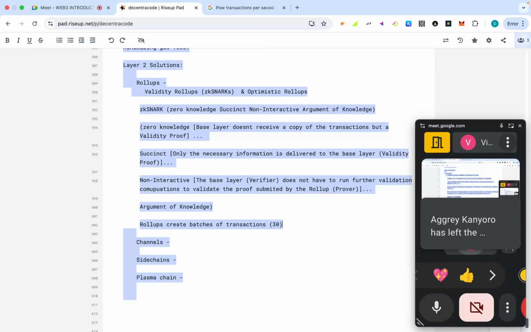So a Merkle tree is created for those 30 transactions, and then the hash of the root is delivered as the validity proof to the Ethereum mainnet. Is that clear so far?